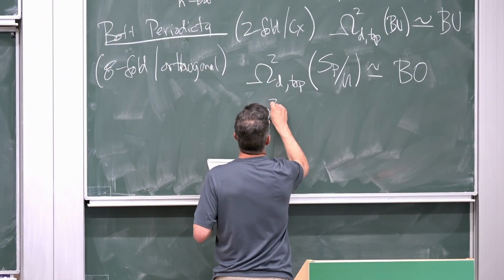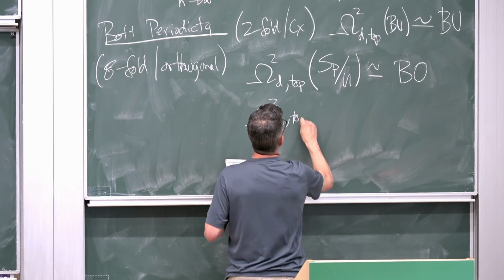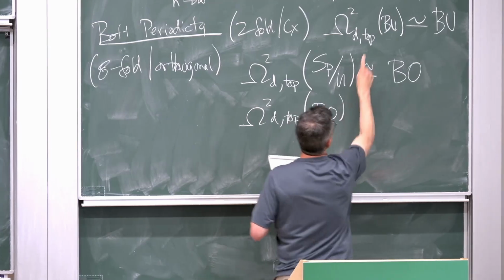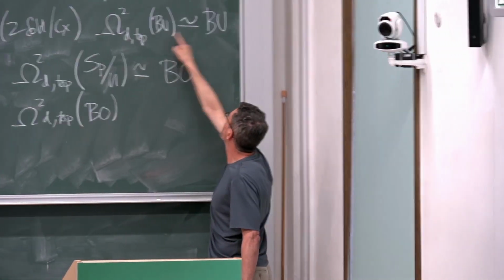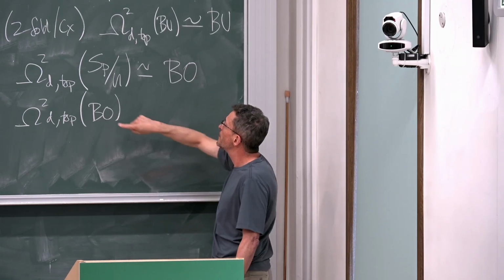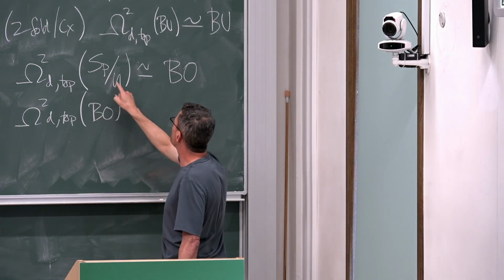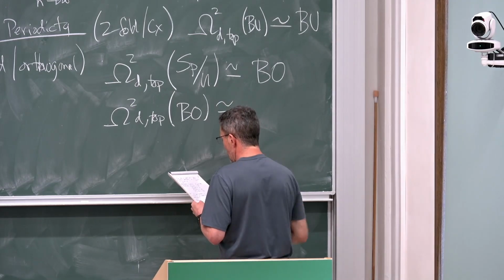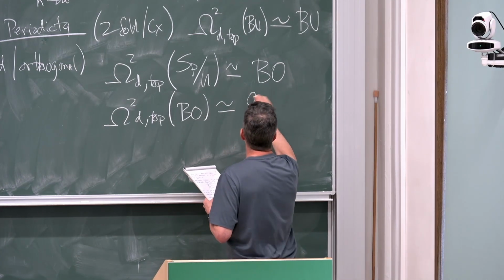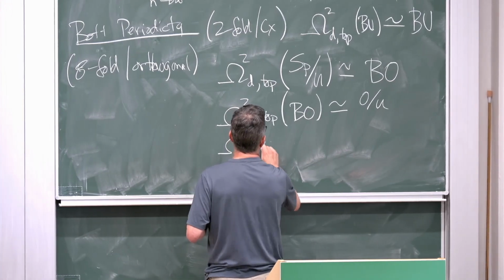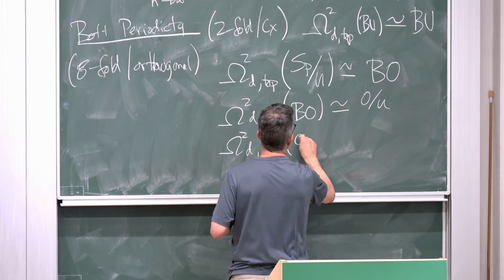Then Ω² top of BO. So now I'm iterating, right? So what's periodic here is, of course, if I apply loop 2 to BU, I get back to itself. If I apply loop 2 to Sp mod U, I get BO. If I then apply that to BO, I get something that's homotopy equivalent to O mod U. And if I keep going, let me just record these here.